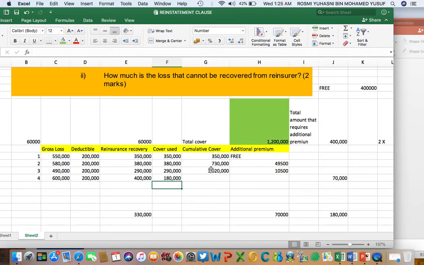So cumulative cover is this amount plus this amount, which is 1,020,000 plus 180, that is 1.2 million. So this is the maximum cover which is available to the insurer. Where do you get this 1.2 million?